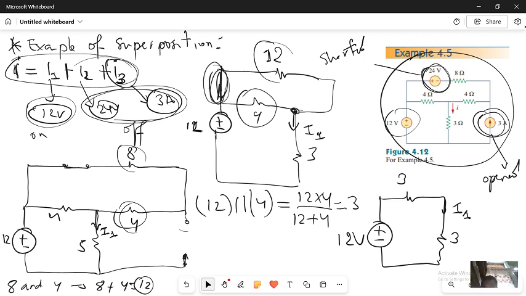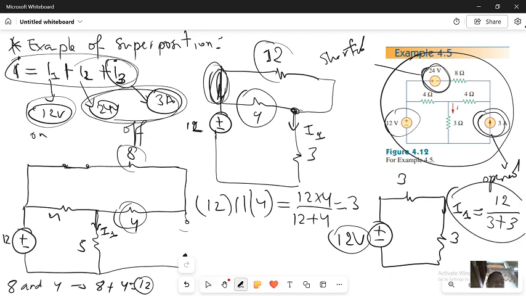To determine I1 now it's easy, because these are in series. I1 is equal to the voltage source 12 divided by the equivalent, 3 plus 3. Now you have determined the value of I1.